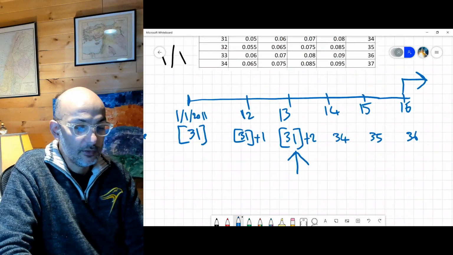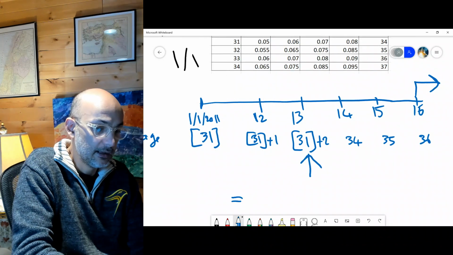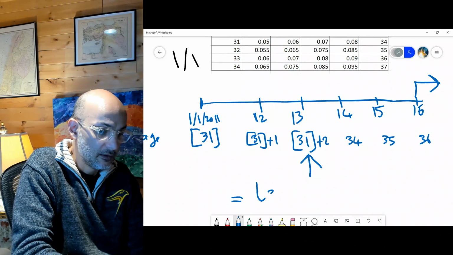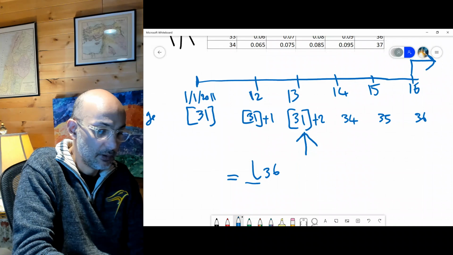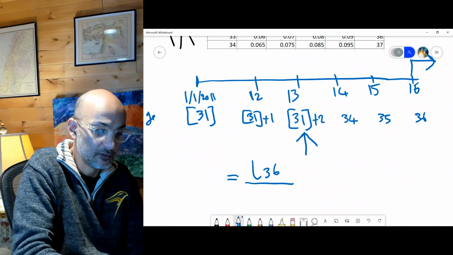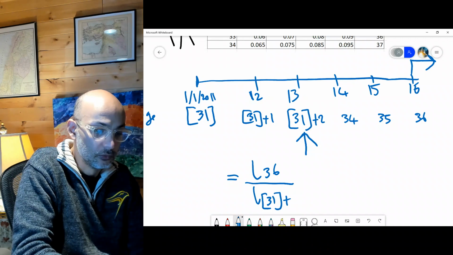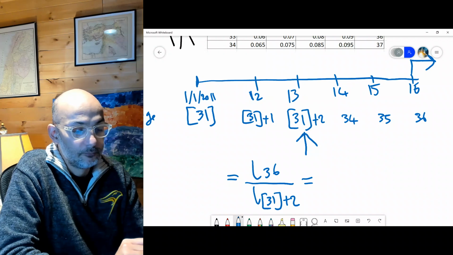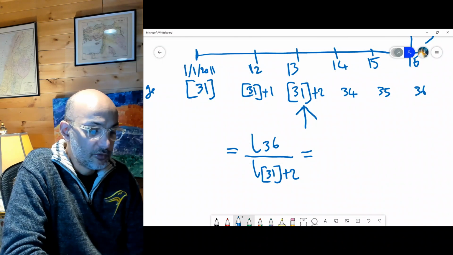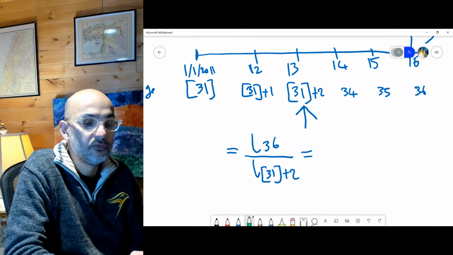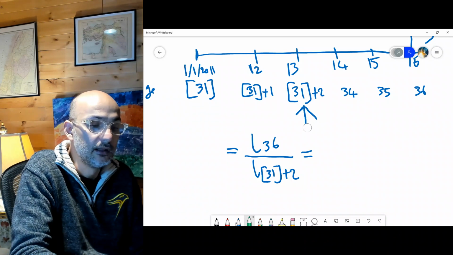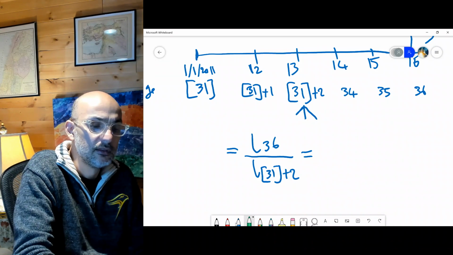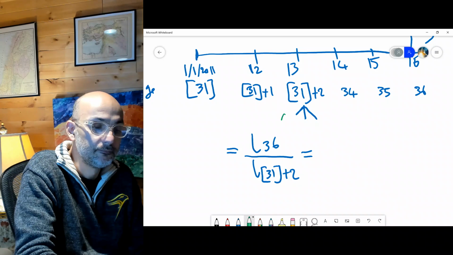So what we wanted is the probability that L36 divided by, because the year of evaluation is here, L31 plus 2, right? As always, the first year of you looking at the year of evaluation, assume this L is 1000.